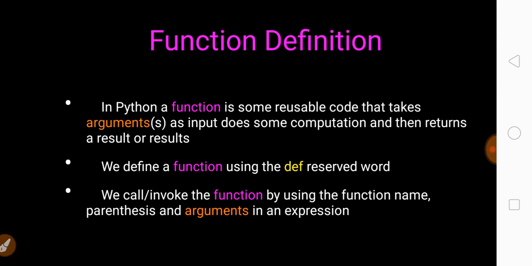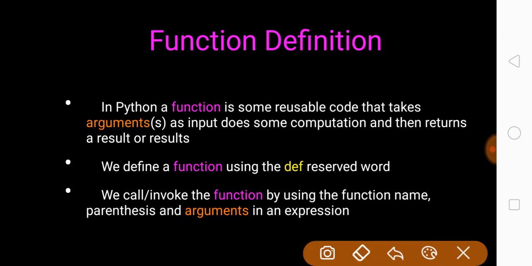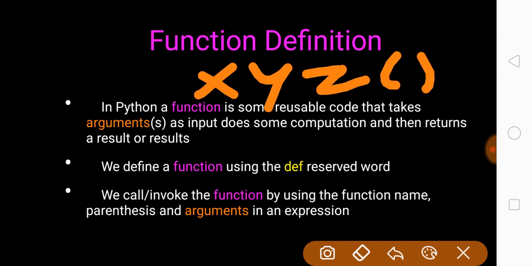The third line is about how to call that function. In order to call any function, we just write the name of that function followed by parentheses. Suppose we want to call a function named xyz. We just write xyz and then the parentheses, and this whole thing will call the function xyz.